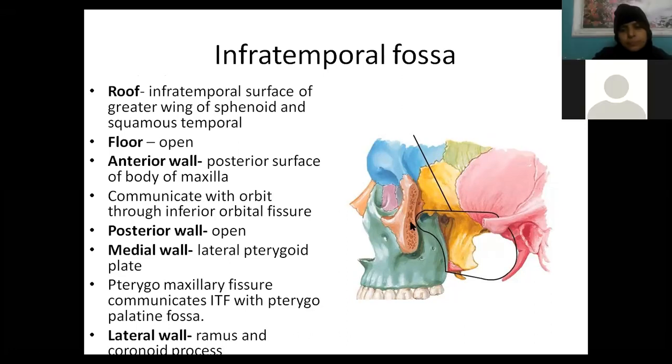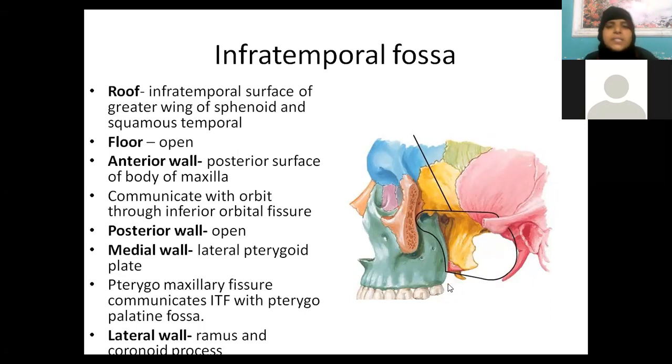So in this infratemporal fossa, see this upper line is the roof, below is the floor, this becomes the anterior wall and this is the posterior wall. Whatever we are seeing in yellow, this is the medial wall, and the one which is open is the lateral wall.